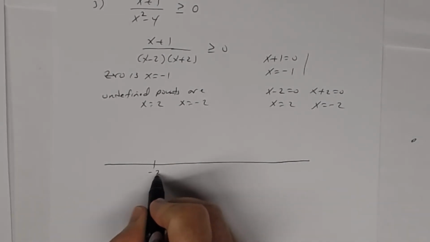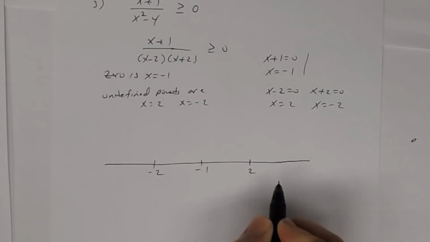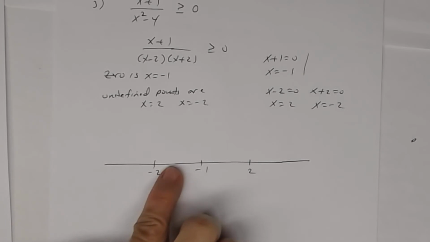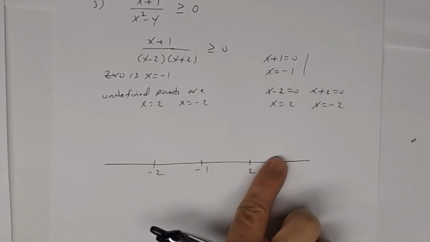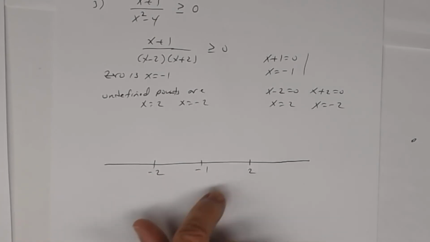So you have negative 2 first, then negative 1, and then 2. Okay? So those three numbers divide the number line into 4 intervals. Negative infinity to negative 2, negative 2 to negative 1, negative 1 to 2, and then 2 to infinity.